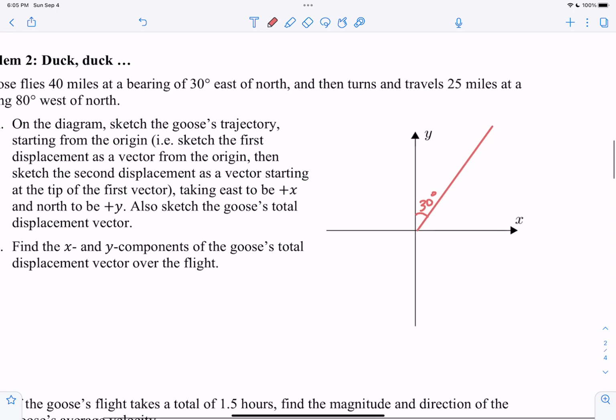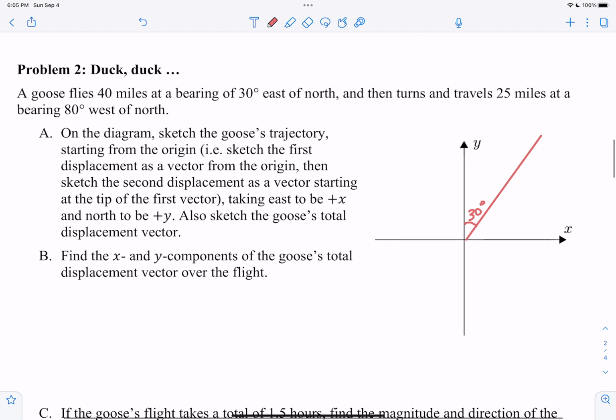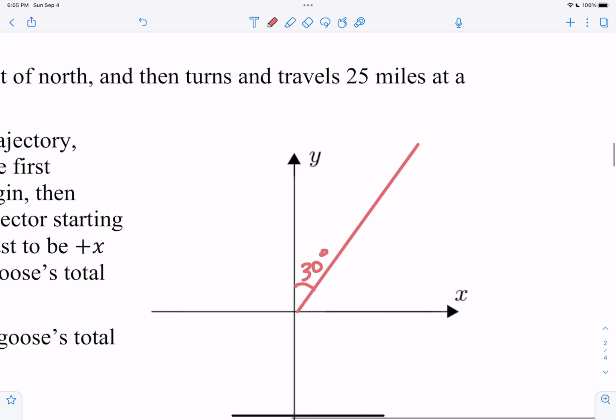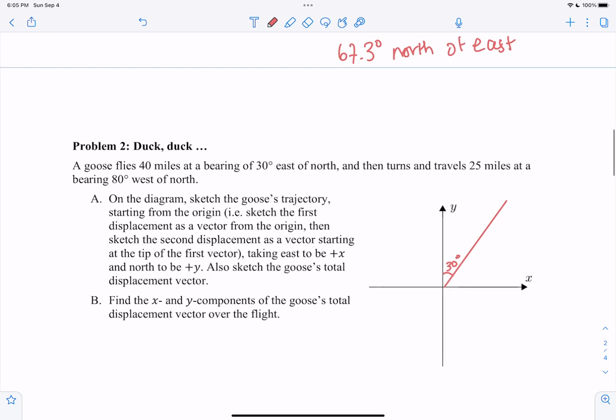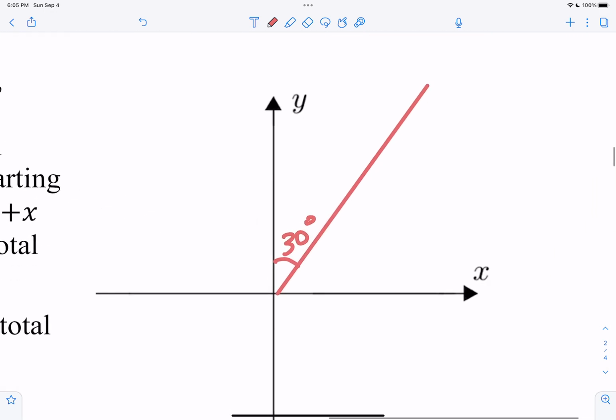So first we go 30 degrees east of north, and then we want to go 80 degrees west of north. This second part is where it definitely gets very confusing, because they want us to do west of north.